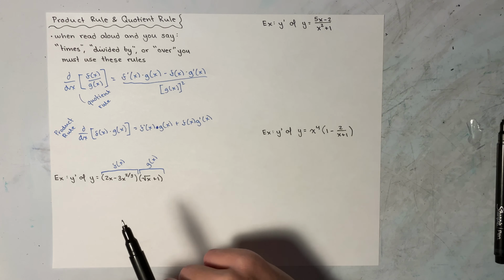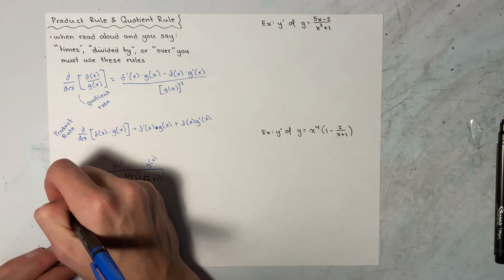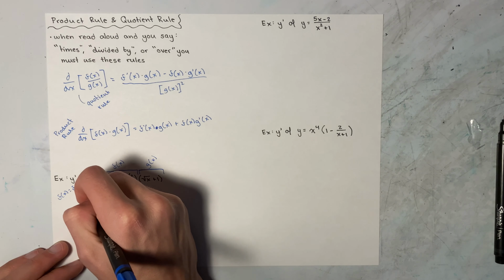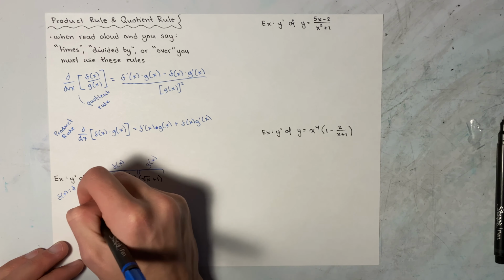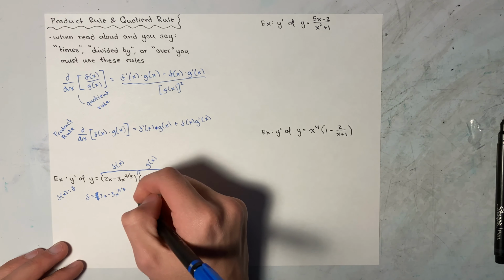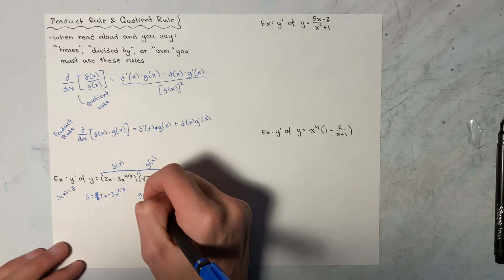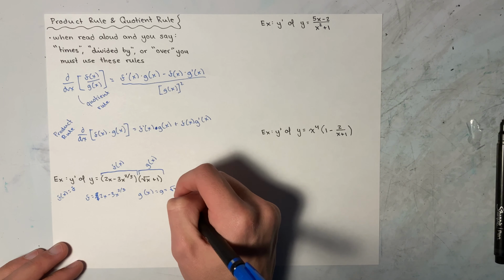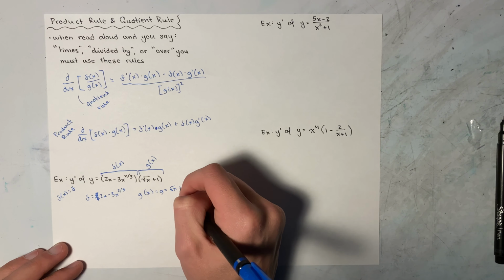Whenever I write f of x, I'm normally going to write it as just f. So in this case, f is equal to 2x minus 3x to the 2/3. Just ignore this parentheses, that was my bad. And then g of x, which I also just write as g, is going to be equal to the square root of x plus 1.